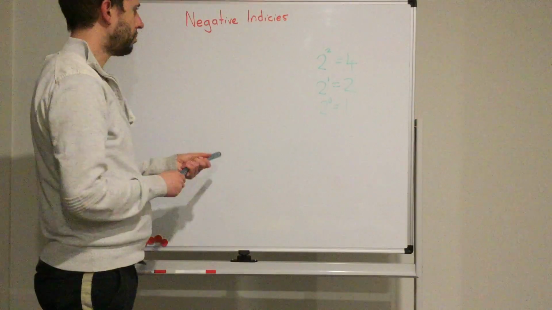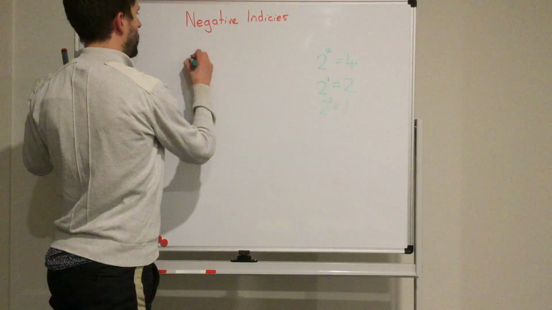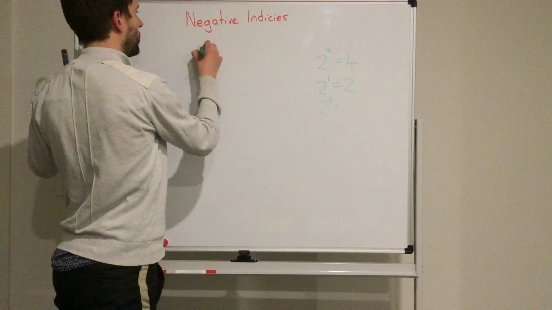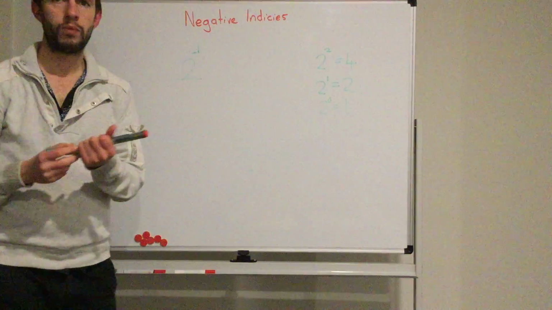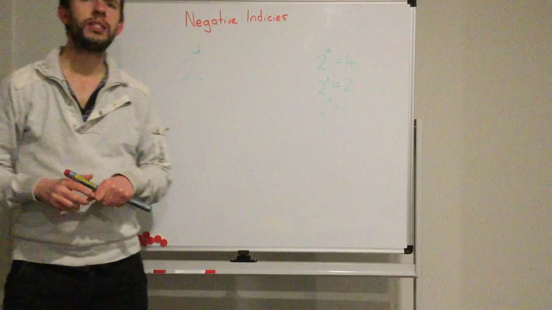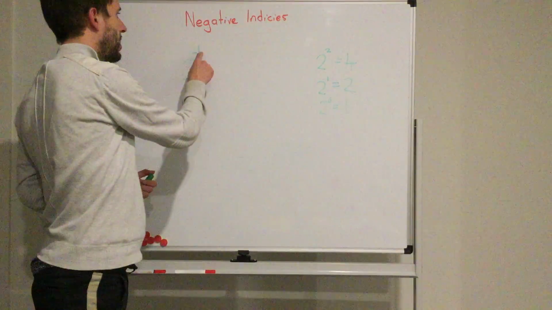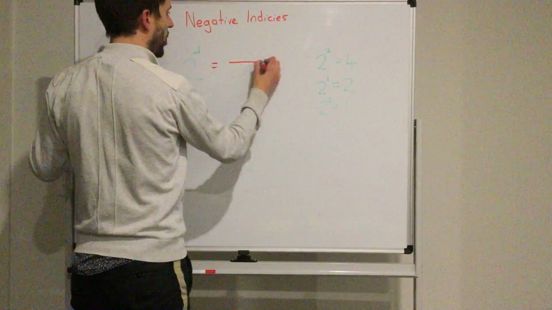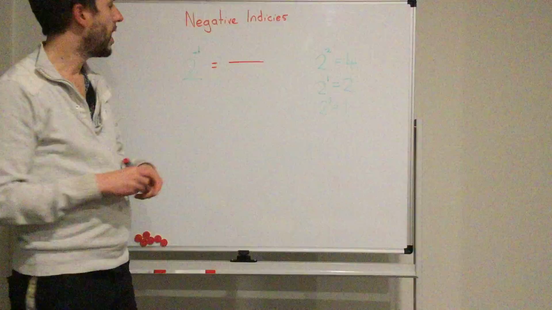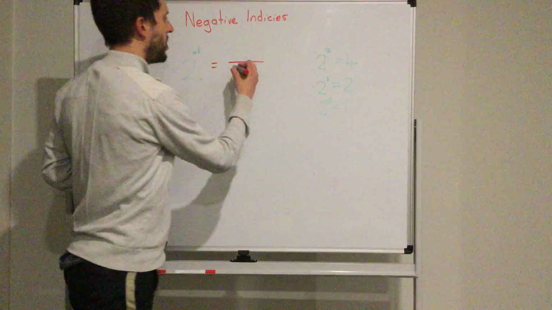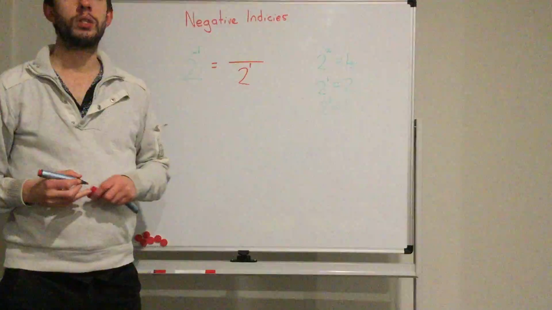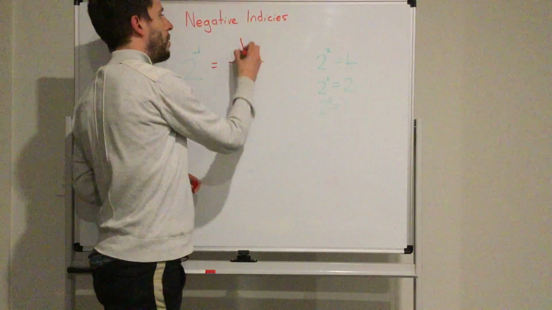So if I have the base is 2 and I have negative 1, all that means, anytime I've got a negative, I can rewrite it by looking at a fraction. I can pull that down underneath and make it a positive. And then a 1 will go up the top.